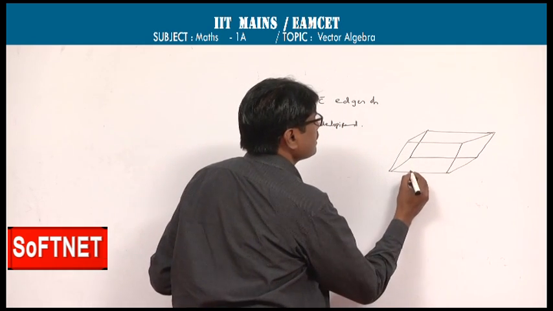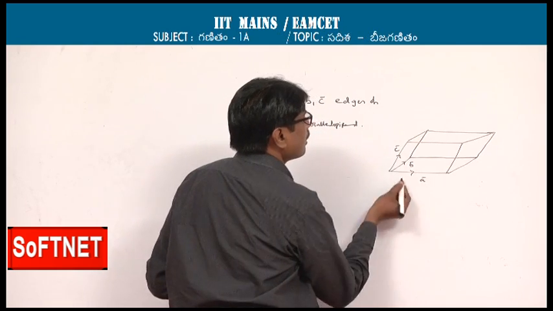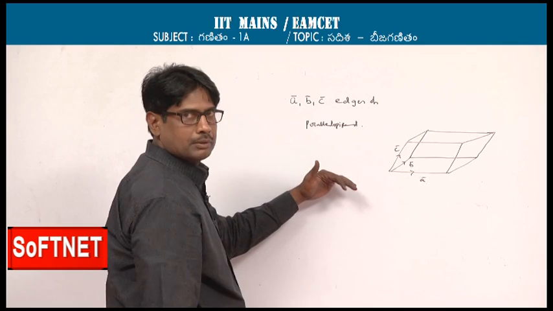Okay, this is A bar, B bar, C bar, the edges of a parallelepiped.